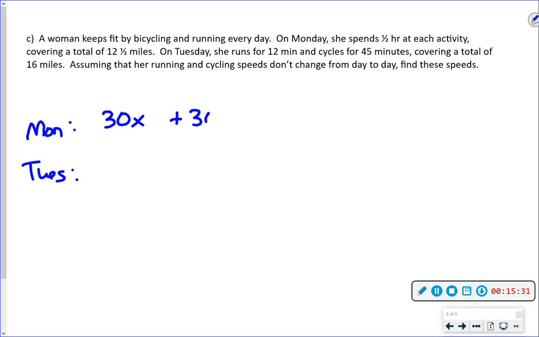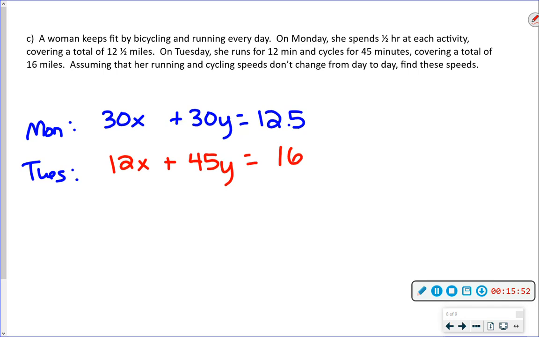She did an equal split, and she did a total of 12.5 miles. And I'm going to do really the same type of equation, but for Tuesday. So Tuesday, she ran for 12 minutes and cycled for 45 and covered a total of 16. Okay, so you pick. What are you thinking? Substitution or elimination?